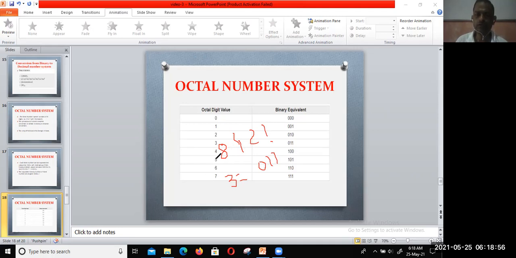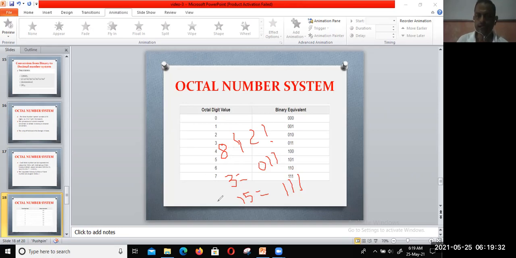Take another example. I just want to write down 15. How can we write 15? First of all, we require 1. Then 1 plus 2, 3, write down 1 again. 3 plus 4, that is 7. And 7 plus 8, that is 15. Right.